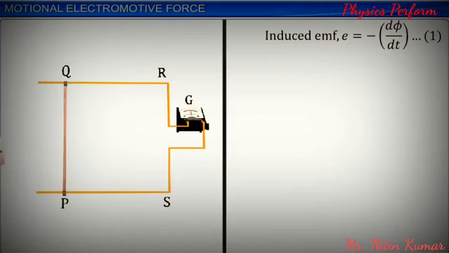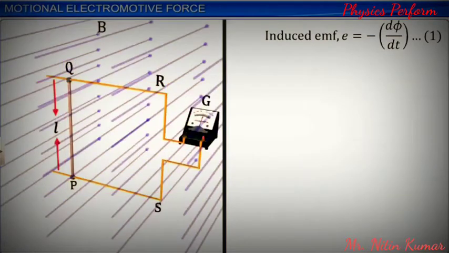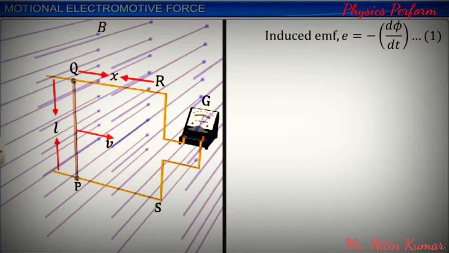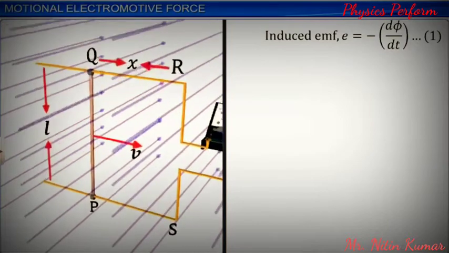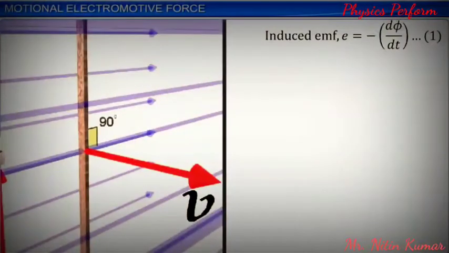Let the length of PQ be L and that of RQ be X. Let the conductor PQ move towards the end SR, with a constant velocity v. We observe that the conductor PQ, the direction of the magnetic induction B, and the velocity v of the conductor are mutually perpendicular to each other.